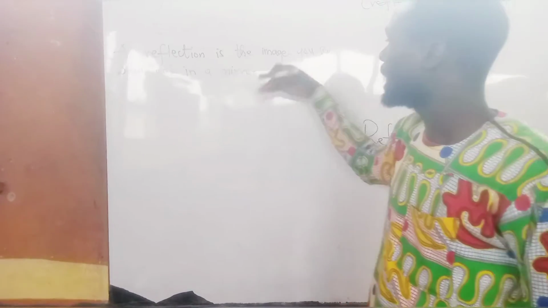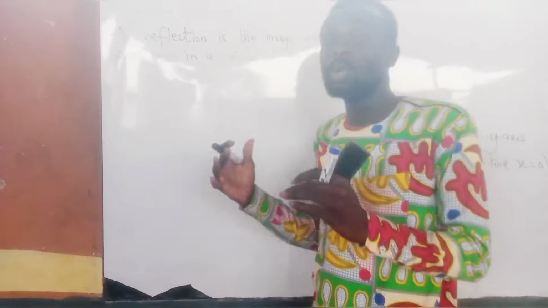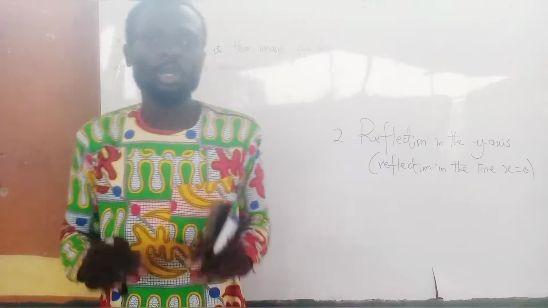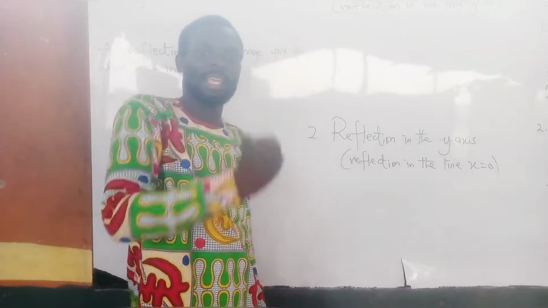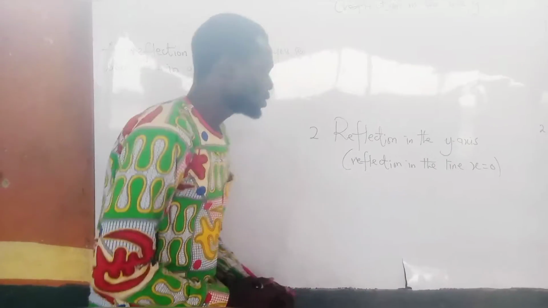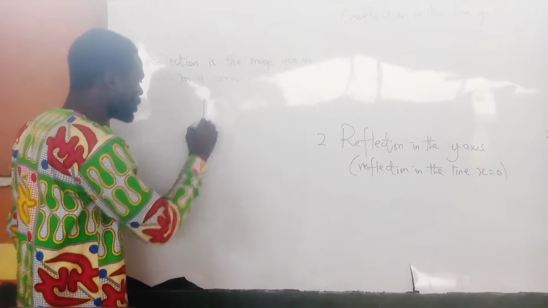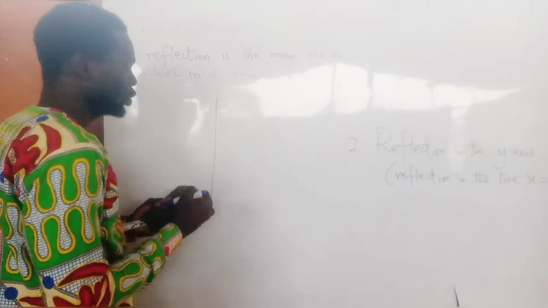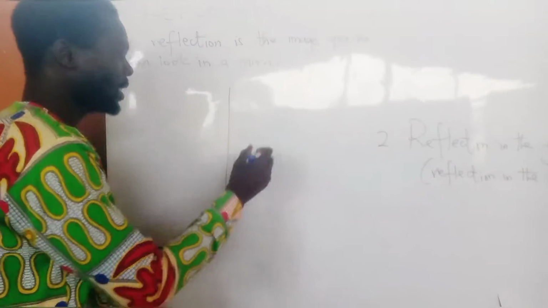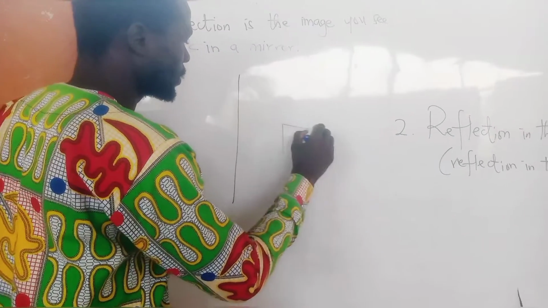So a reflection is the image you see when you look in a mirror. So when you look in the mirror, the image you see is your reflection. So let's say we have a mirror here and we have an object here.